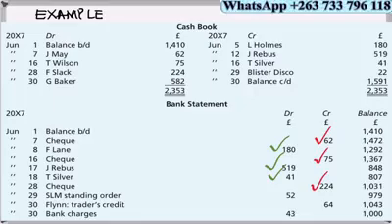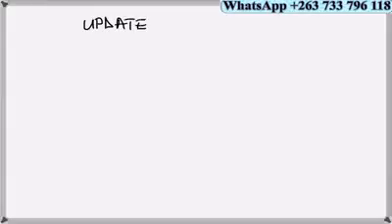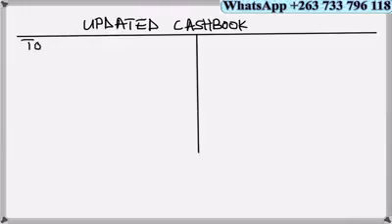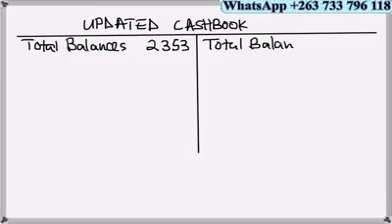So therefore, we are going to first prepare a corrected or updated cash book. In the updated cash book, we start with the total balances. We just add the balances. As you can see in the given cash book, these are the total balances on the debit and on the credit.